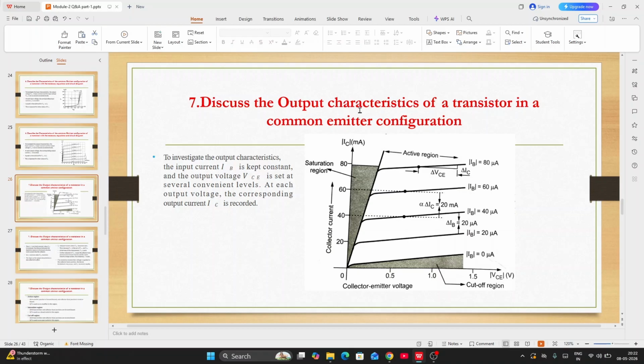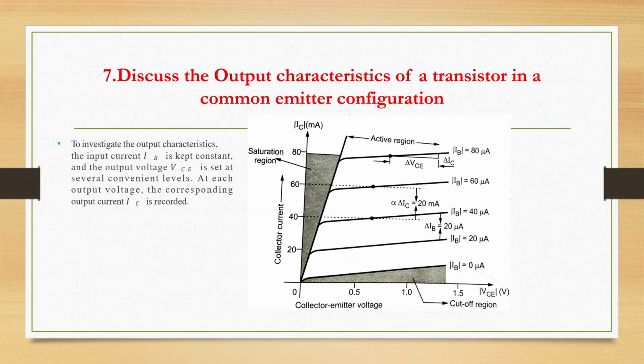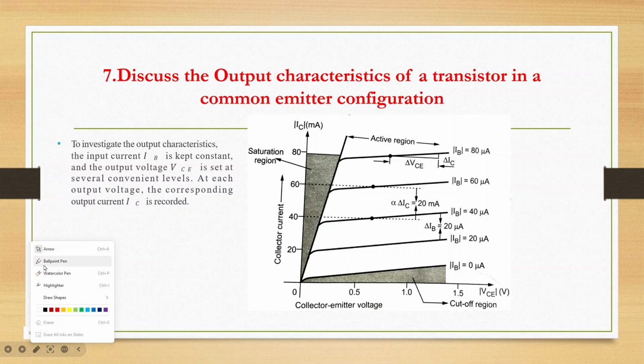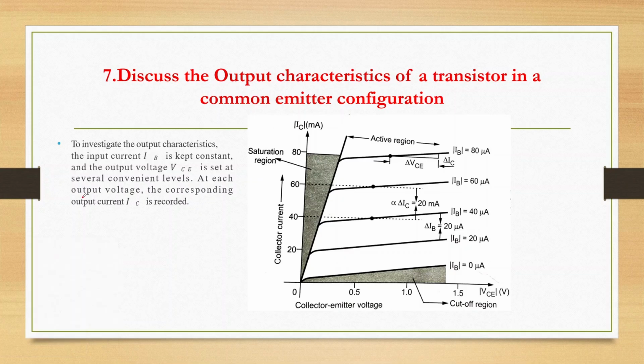So in the common emitter configuration, we have a graph drawn with respect to IC versus VCE, keeping IB constant.